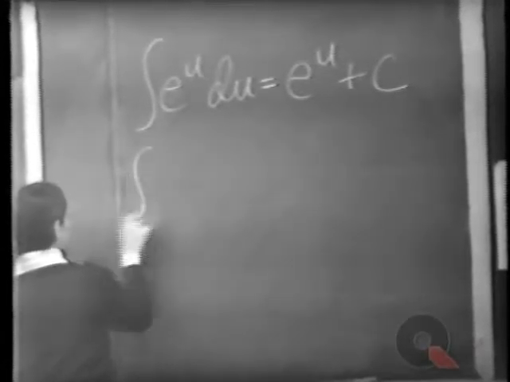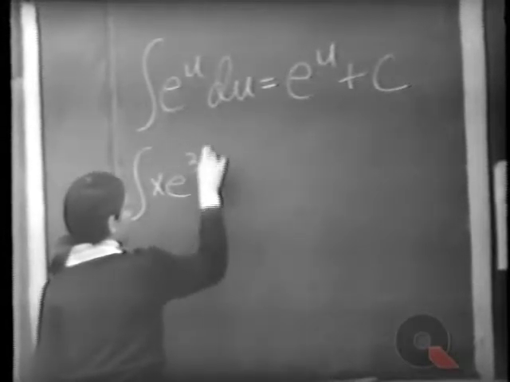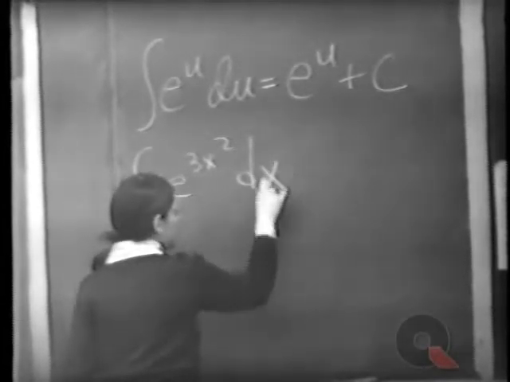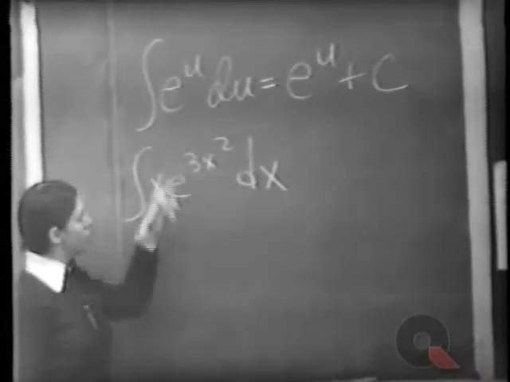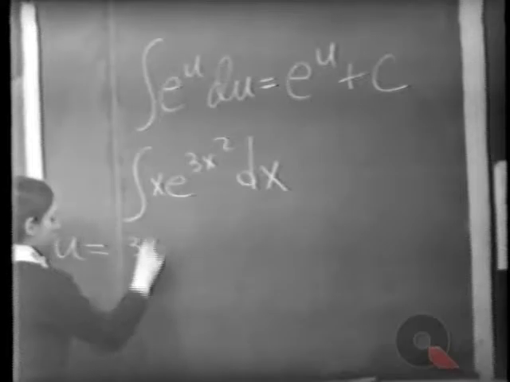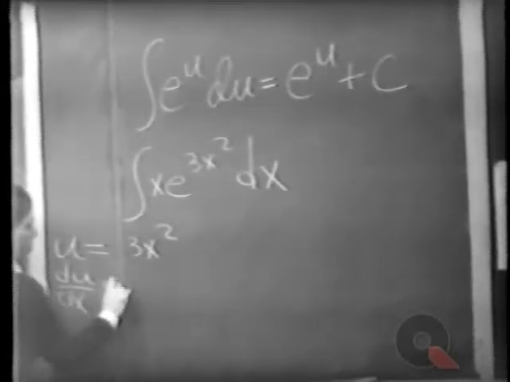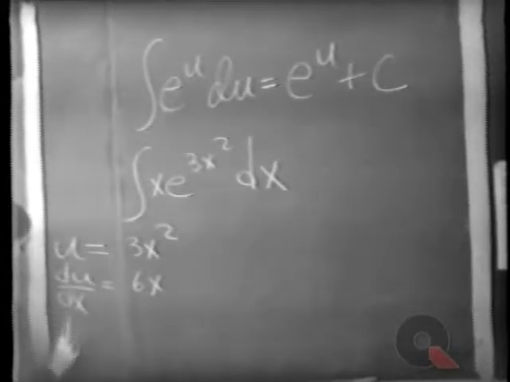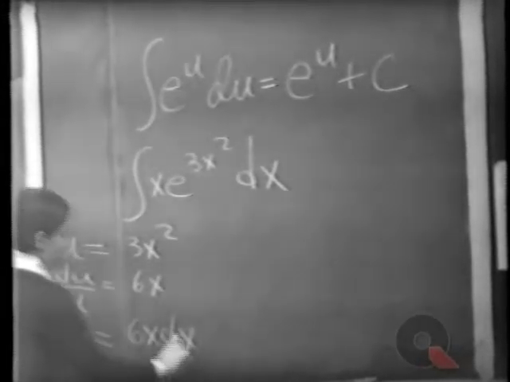So we want to integrate x e to the 3x squared dx. This is almost in the form e to the u du. If we were to let u be equal to 3x squared, then du dx would be equal to 6x, and du would be equal to 6x dx.